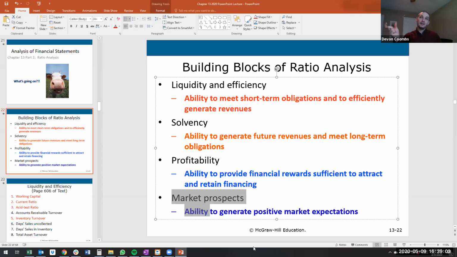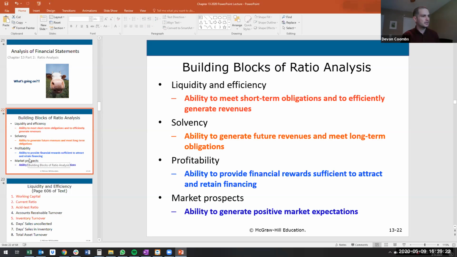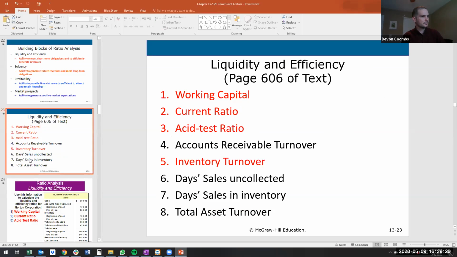But let's say there's $100 million in the Bay Area of market share and $100 million being sold. The only way for me to win business is to fight off competitors, and that lowers my market prospects. So it's harder to generate a positive market expectation. We can see that against guidelines in business analysis and competitive analysis.